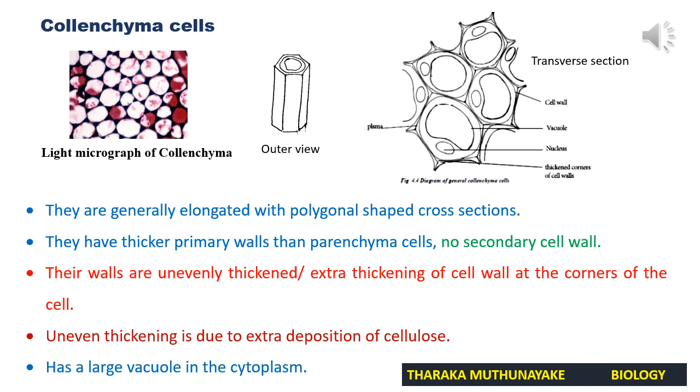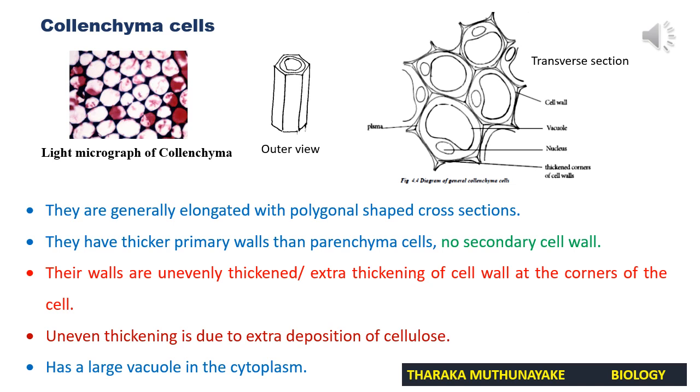Next one, their walls are, look at this feature carefully, this is the unique feature which can be used to distinguish collenchyma from other cell types. Their walls are unevenly thickened, with extra thickening of cell wall at the corners of the cell. This uneven thickening is due to extra deposition of cellulose at the corners of the cell.